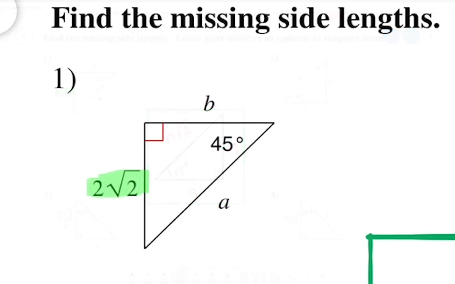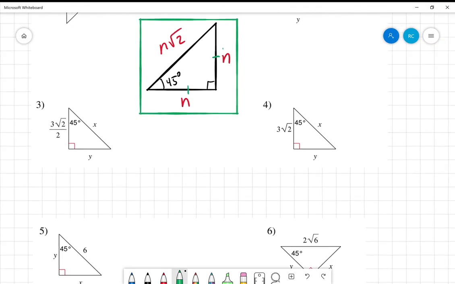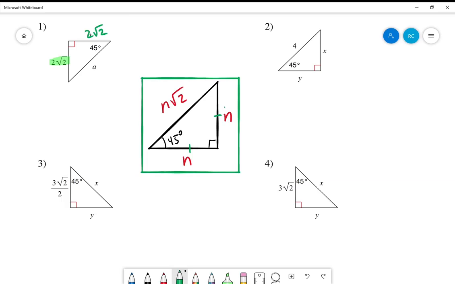Now, we know that the 2 legs of any 45, 45, 90 triangle are congruent, so we know that B is 2 times the square root of 2. In fact, we can look at any of these problems, and I've actually got 6 of them here, where if we have one of the legs, we immediately have the other one of the legs.